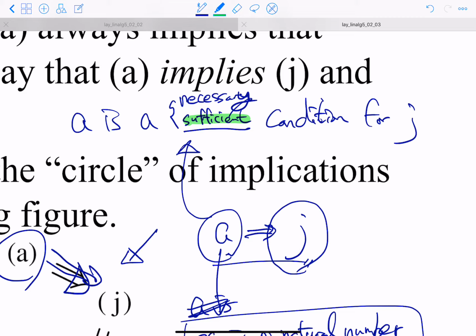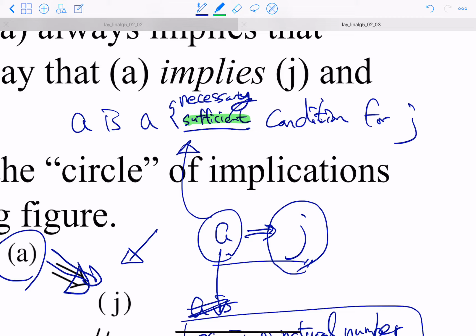이거 충분 조건이라고 하죠? 충분 조건. 그리고 이제 의미는 J라는 것을 만족하기 위해서는 A를 만족하면 이게 차고 넘친다 이거예요. 그래서 충분하다라는 얘기가 되고, A가 더 스트릭트한 컨디션이라는 거죠.